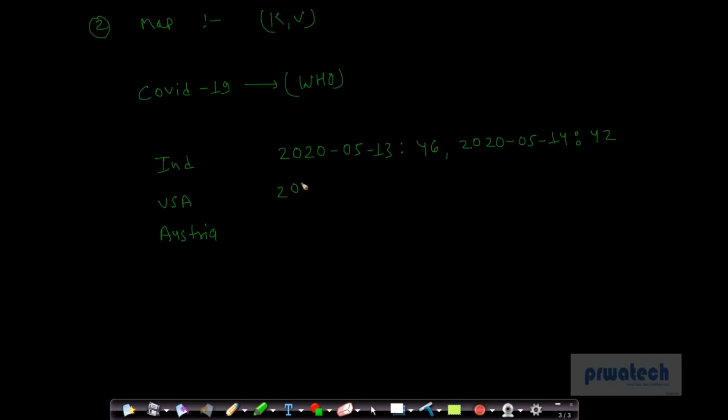Similarly for US, 20200513, the total number of active cases is 122,000. 20200514 is 109,000. Austria is the same date, 20200513.